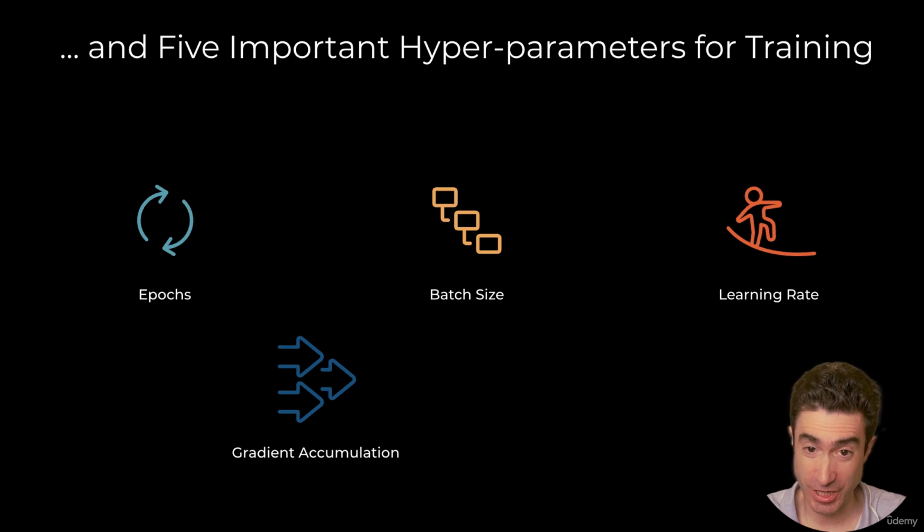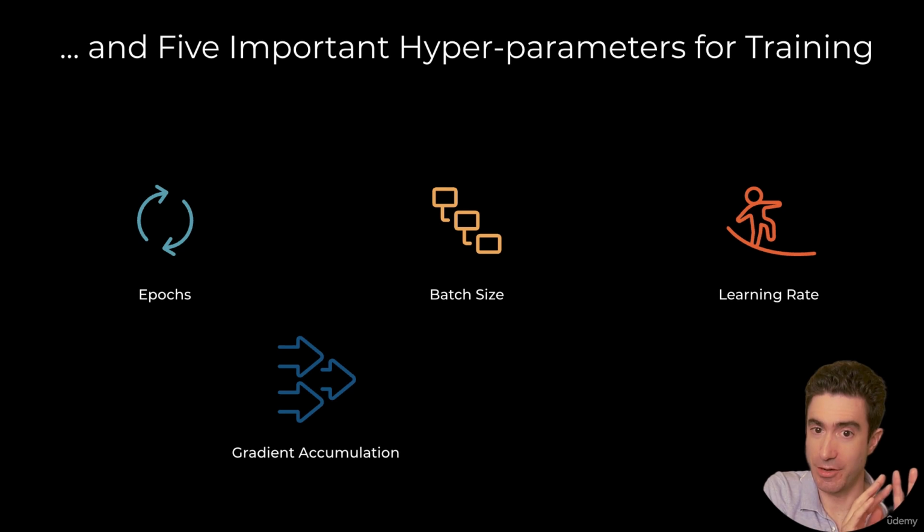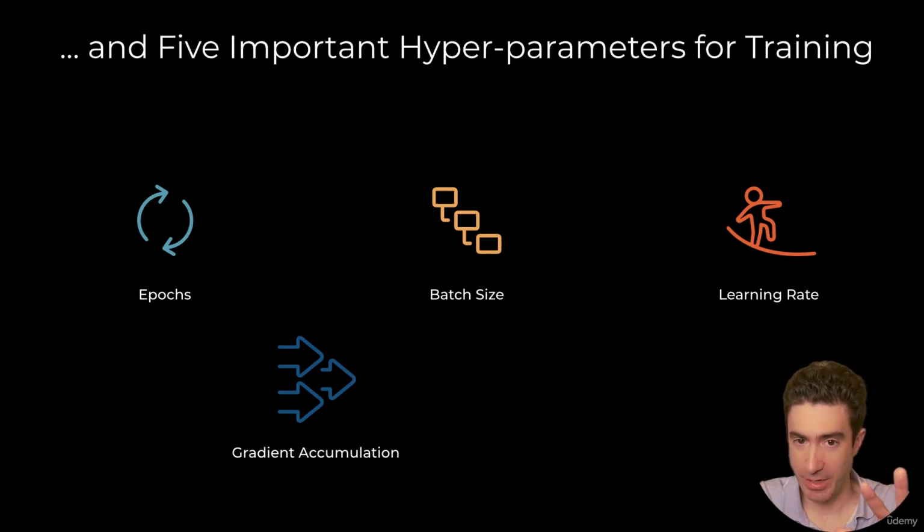Gradient accumulation is a technique that allows you to improve the speed of going through training. Normally we do a forward pass, we get the loss as I just described, we then work out the gradients going backwards, and then we take a step in the right direction, and then we repeat.